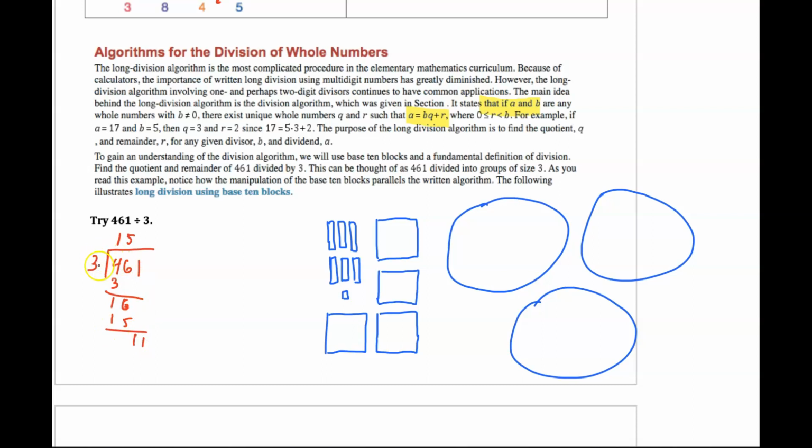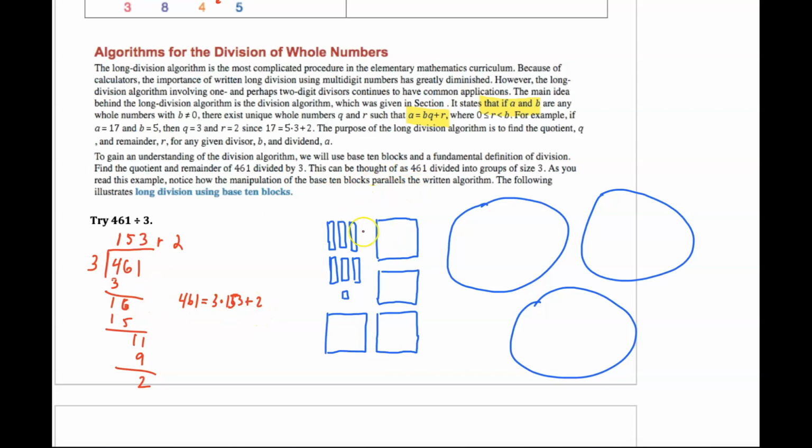How many times does 3 go into 11? You say 3. 3 times 3 is 9. Remainder 2, right? And so what we learn is that 461 is equal to 3 times 153 plus 2, right? So you have the divisor times the quotient plus the remainder.